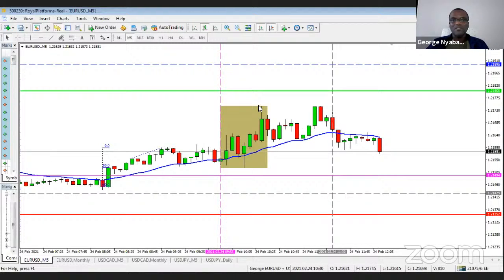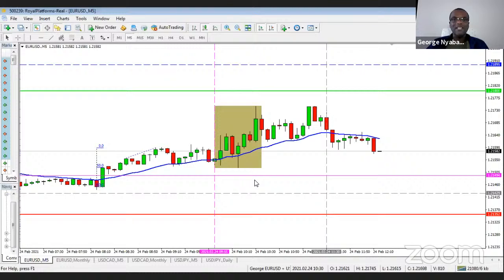Now, this rectangle that you see, the other thing I always try to find, I want to see a 20 pip move because I'm not comfortable on a 5-minute chart.